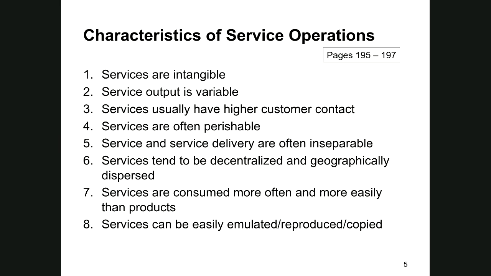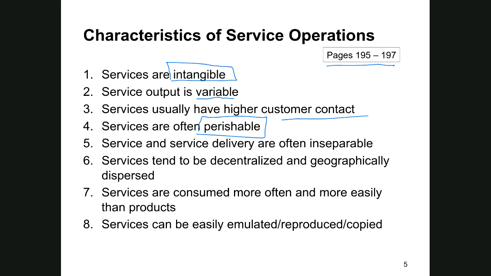Again, on pages 195 to 197, services, as we mentioned before, are intangible. Those are things that are idea-based or intellectually based. Service output is variable. In other words, in the food service industry, the menu items that are purchased are not always the same. High customer contact. Services are often perishable.